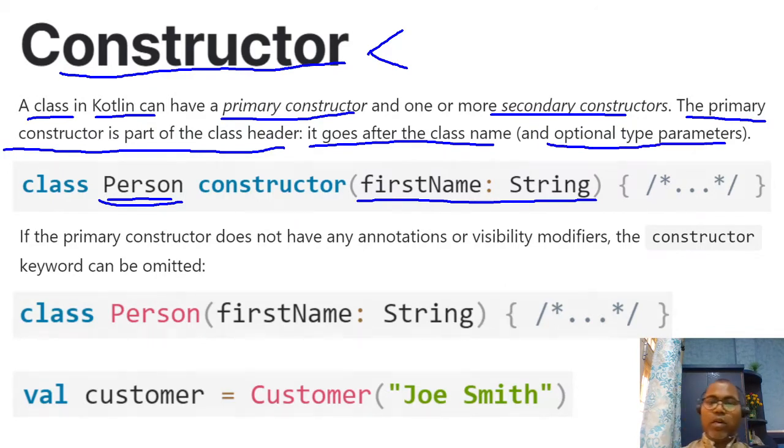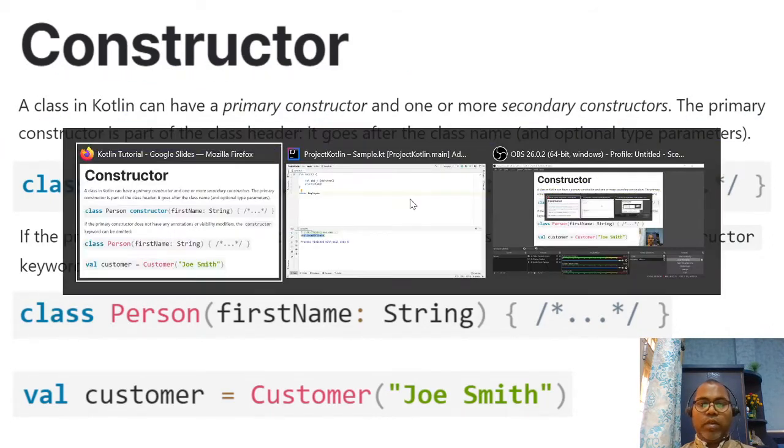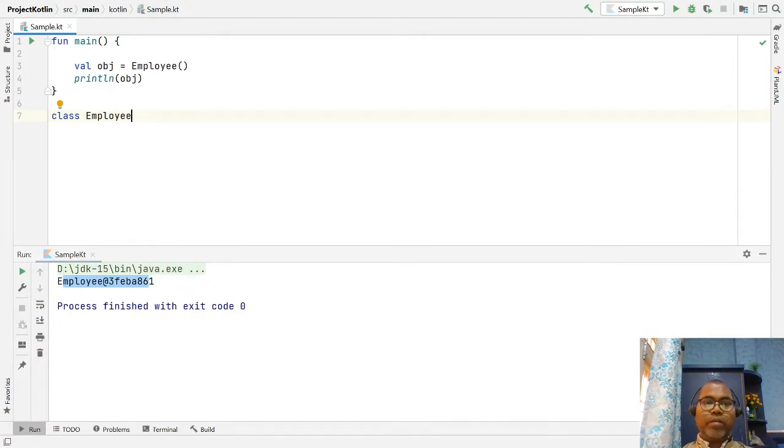So here we have an option. Sometimes if you want a primary constructor, then you can pass arguments; if you don't want it, you don't pass. So let's keep an empty class as one example.